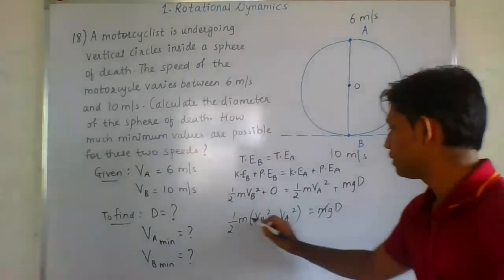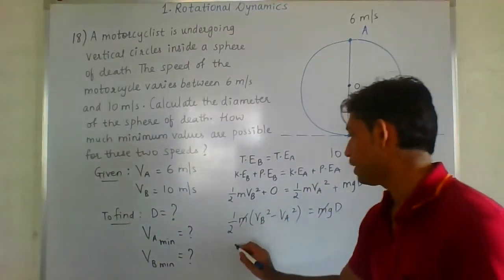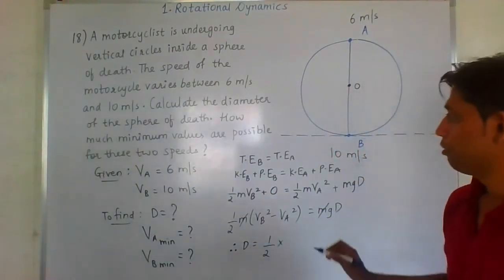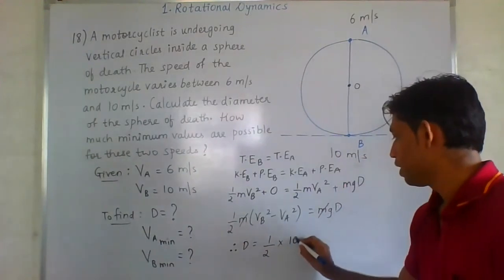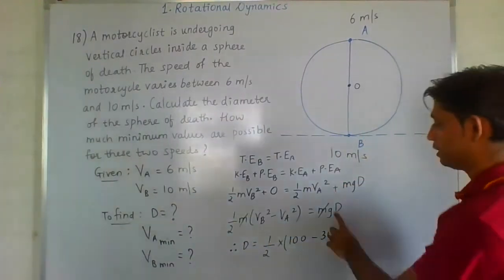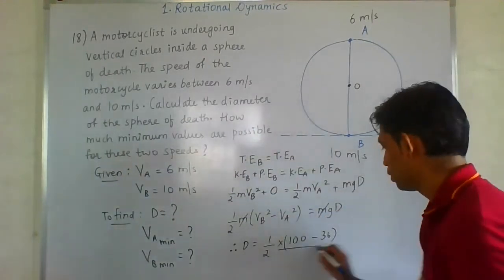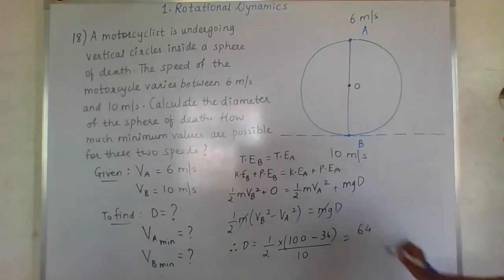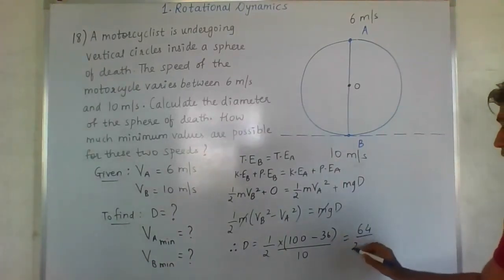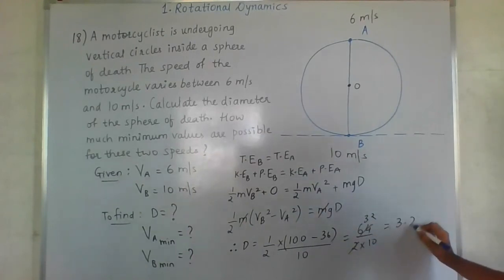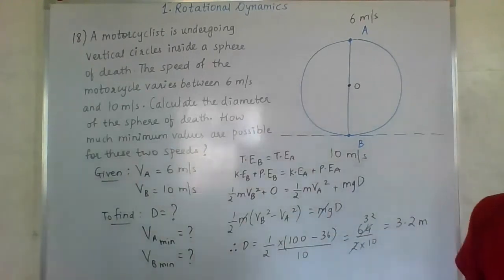So mass got cancelled. Now it's time to substitute the values. So therefore d is equal to half into vB square 10 square 100, vA square 36 and ये g का टर्म भी डिवाइड होगा इधर. So here I will write 10. So that is how I got 64 divided by 2 into 10. This got 32. So your final answer comes as 3.2 meter.